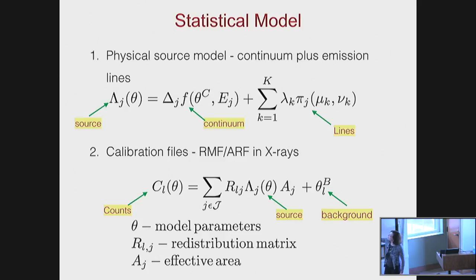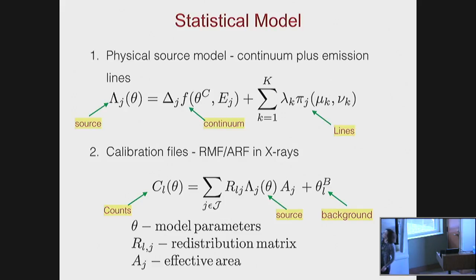So, the statistical model. I will focus on X-ray data. This is the physical source of our models, typically. So we have a source here, in some energy bin j of width delta j. And this is the continuum part, which has some parameters and is distributed in energies j.